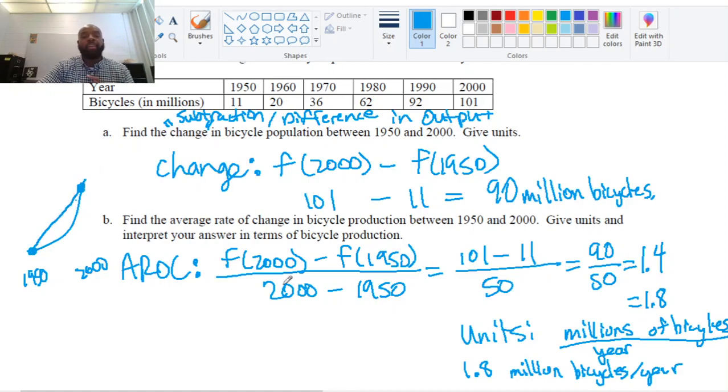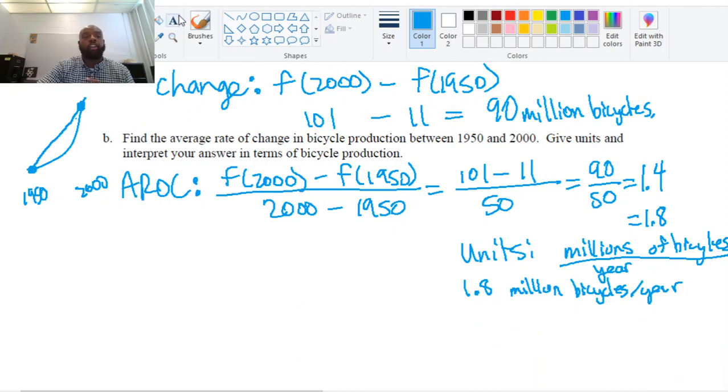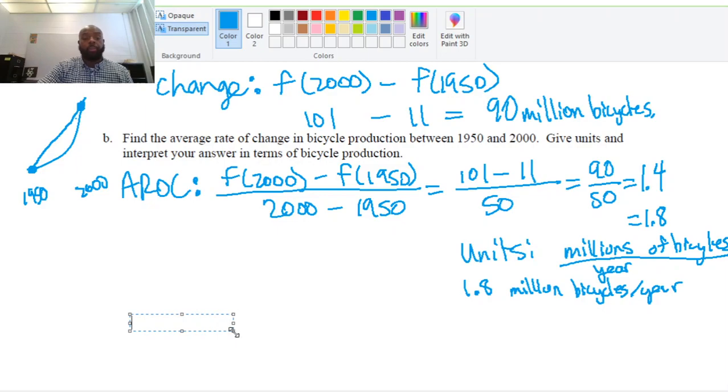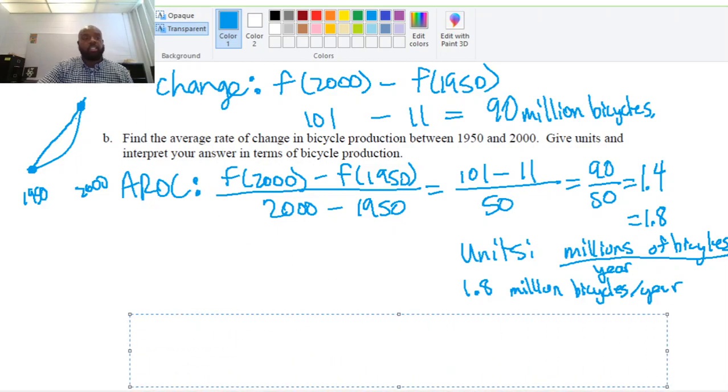So we can't interpret it exactly the way that we interpreted our slope. So we're going to think about how we would normally interpret our slope and then adjust it ever so slightly. And so what we're going to have to be sure of is to include these things here, right? I'm going to say between 1950 and 2000, right?